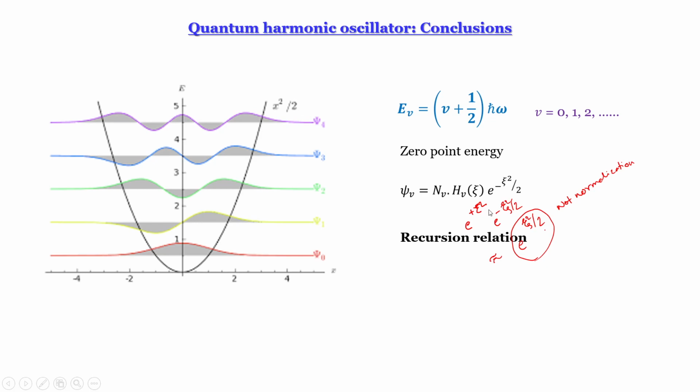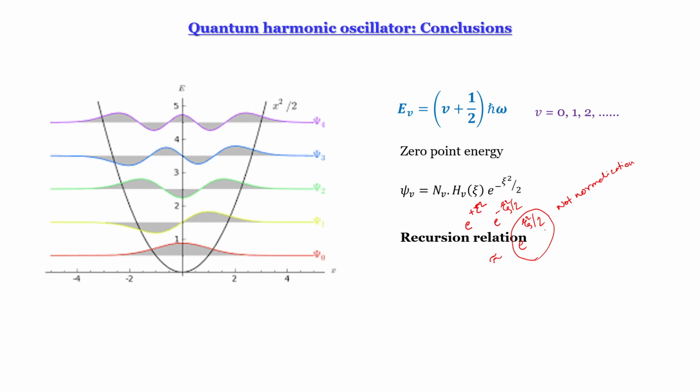Suppose we start from a particular psi, say psi 4. Now we know the Hermite polynomial H4. If I want to find the other wave functions above 4 or below 4 from that, is there any way to find them?